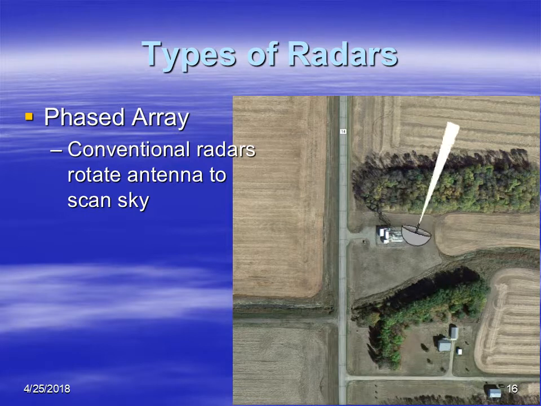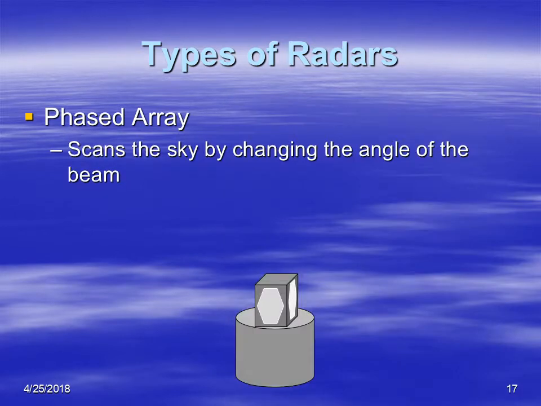Another type of radar that's just in the planning stages right now is phased array radars. The typical National Weather Service radar rotates the way you see right there, scanning the atmosphere by rotating the antenna, and of course the antenna is driven by a motor and servos, so it scans the sky. Typically it takes anywhere from 5 to 7 minutes to scan the entire atmosphere, sometimes a little bit longer.